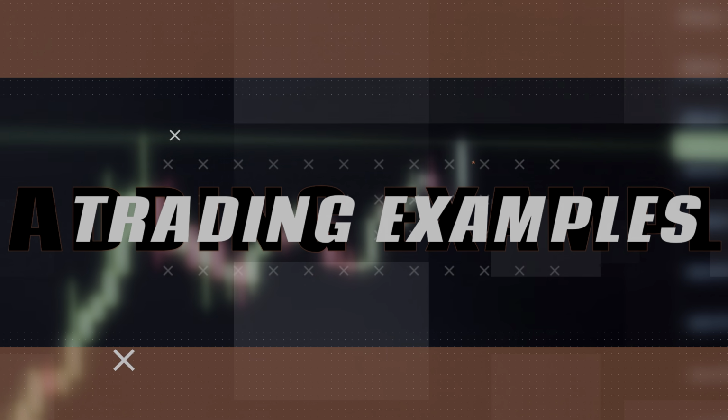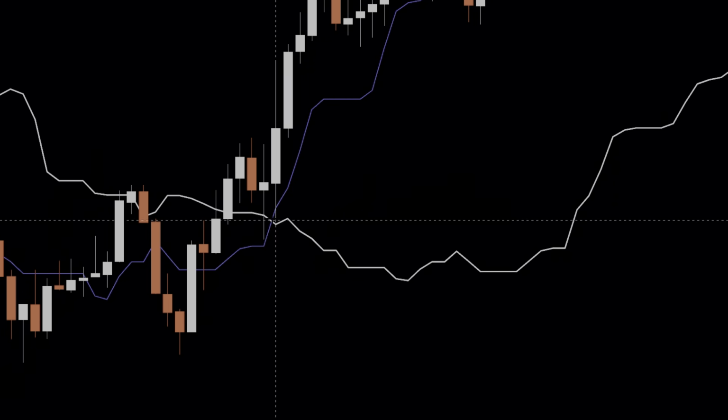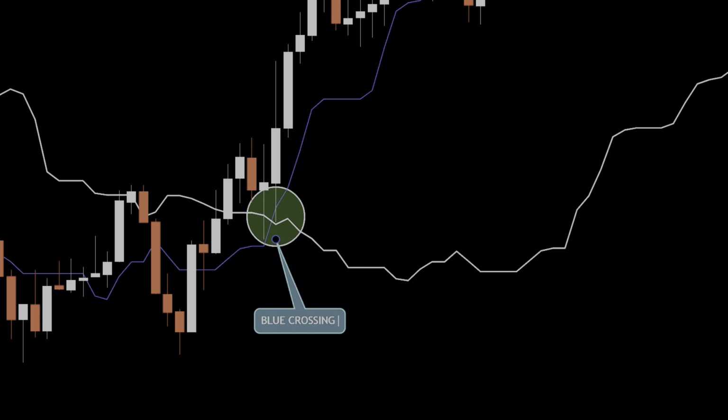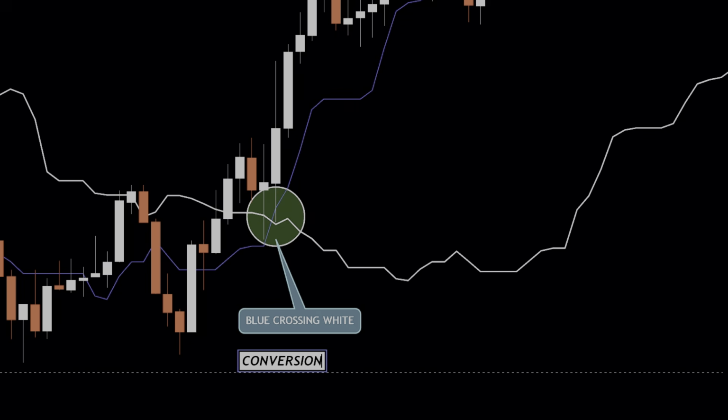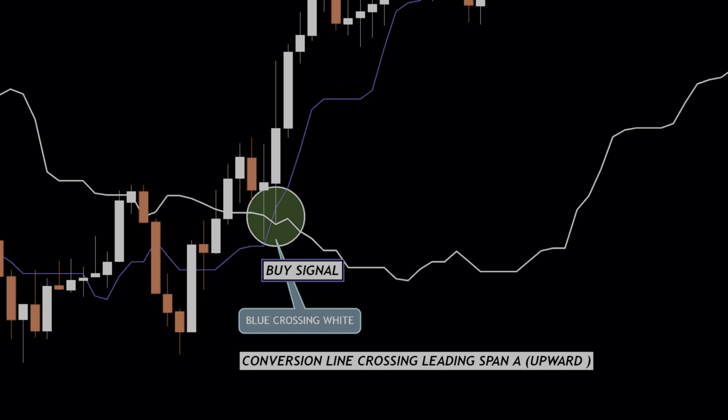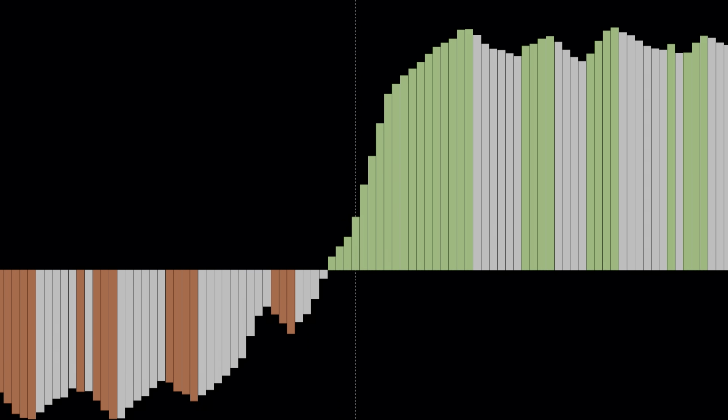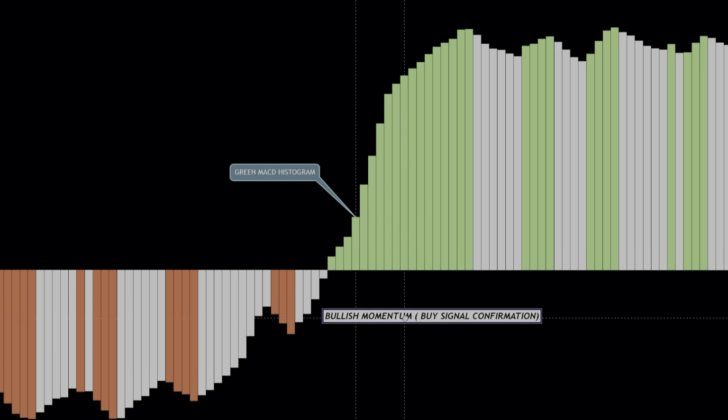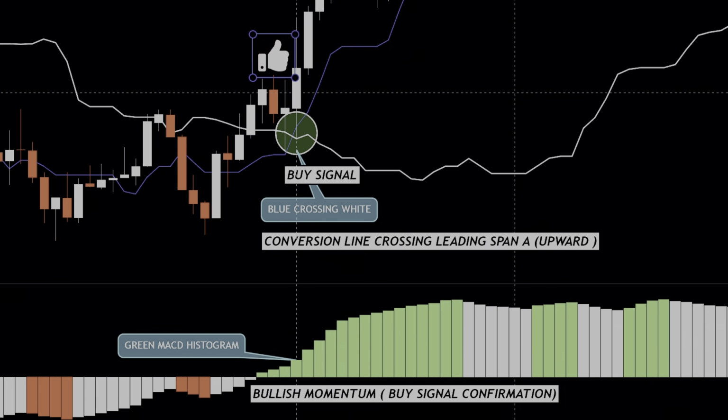Now let's walk through some trade examples. Blue line crosses up over white. Check the histogram. Green and above zero. That's a confirmed buy.